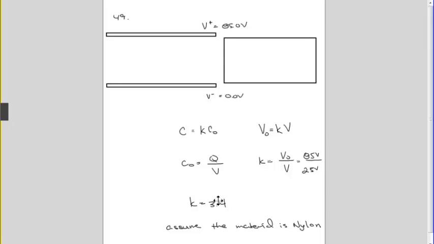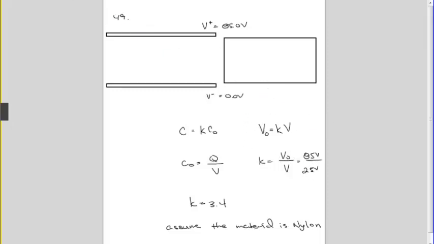And then the third question was, if the dielectric doesn't completely fill the space between the plates, what could you conclude about the voltage across the plates? Well, if we completely fill the space between the two plates, the voltage is 25, which is the minimum for a given charge.